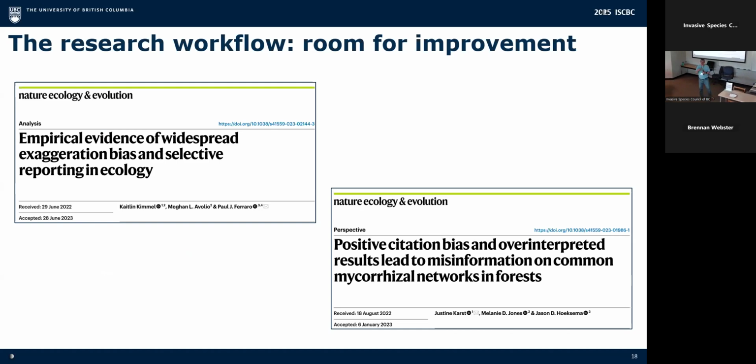And it was an incredible study that really revealed, number one, that a close examination of the research that went into generating this narrative around trees speaking to each other below ground was not at all reliable, mostly because of weaknesses in experimental design. But most enlighteningly, it was the positive citation bias that really exacerbated this narrative.